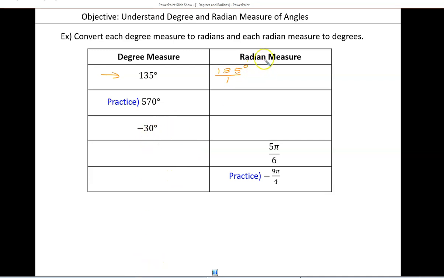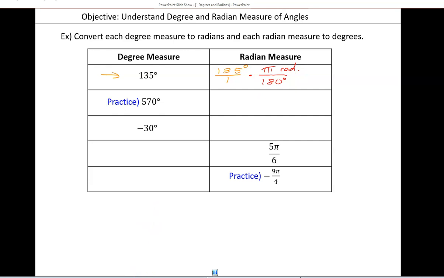So again, I want to get rid of degrees, and I want to be left with my radians. So I need my degree measurement to be in the denominator. So I have 180 degrees, which is half of a circle, by the way, is equivalent to pi radians, which is half the circumference of our circle with a radius of 1.